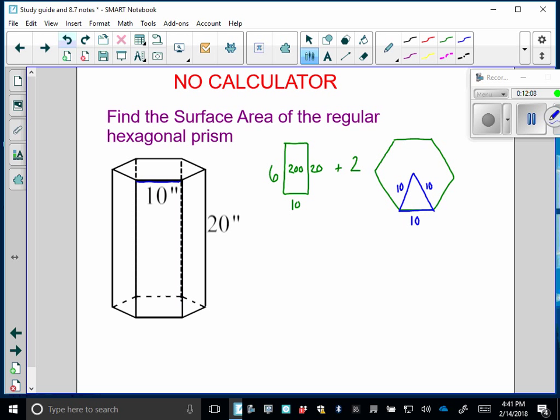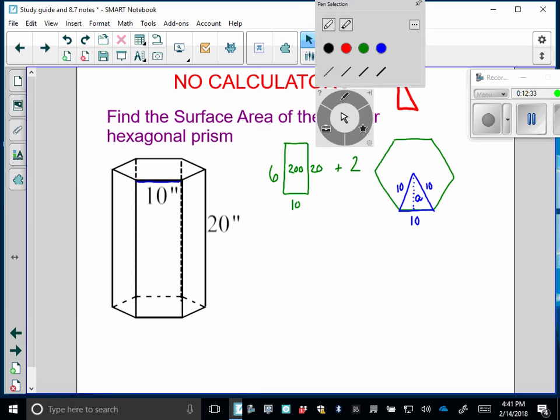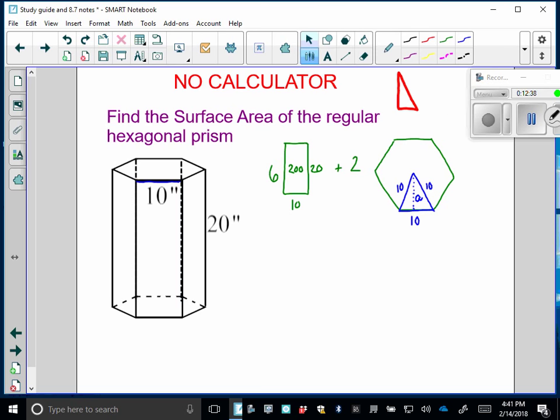In order to find the area of one triangle, we need to find the apothem of that hexagon, which is also the height of that triangle. So, focusing in on this right triangle, and then pulling it out of the picture, this is 10, this is 5, and we need the apothem, so we're going to use Pythagorean theorem to do that.